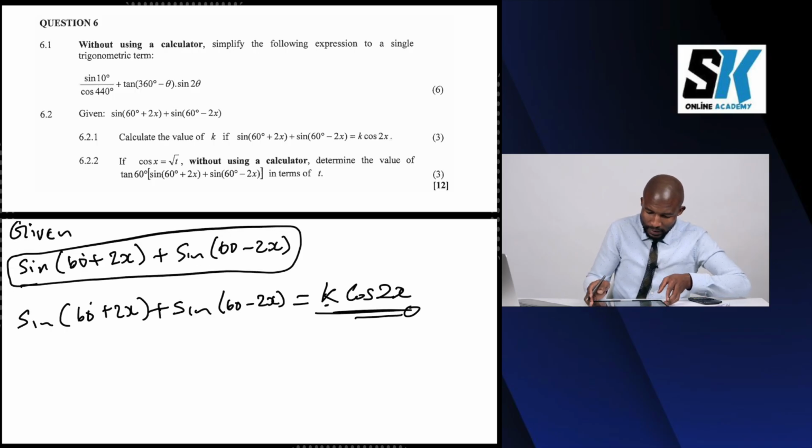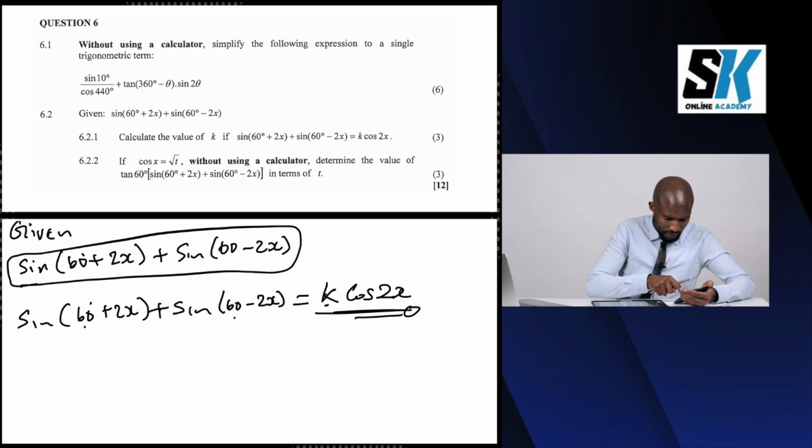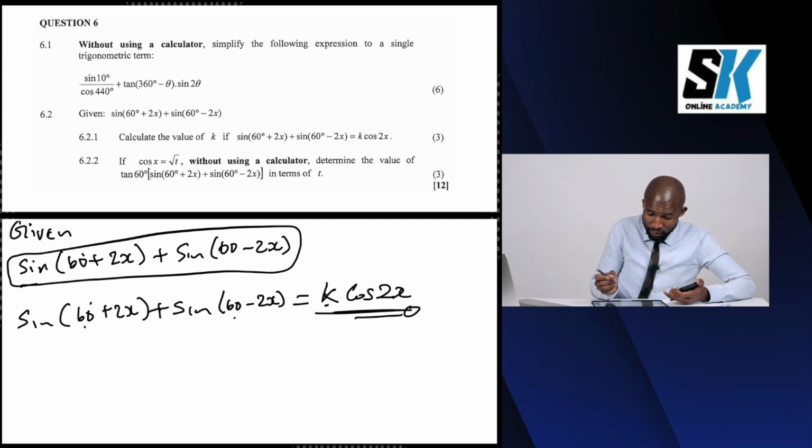We know that 60 is one of your special angles in trigonometry. Sine 60 is root 3 over 2, but before we do that, we need to expand because this is actually a compound angle.